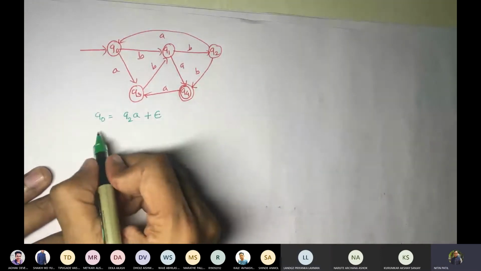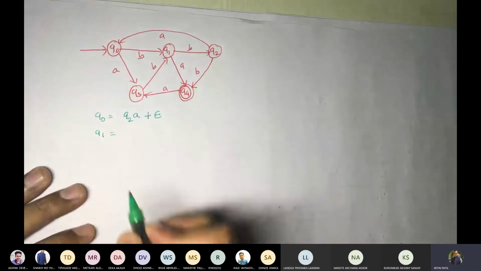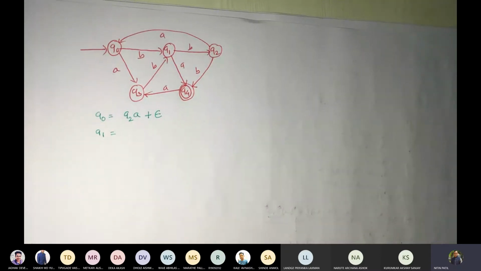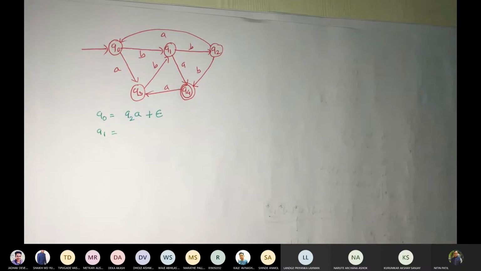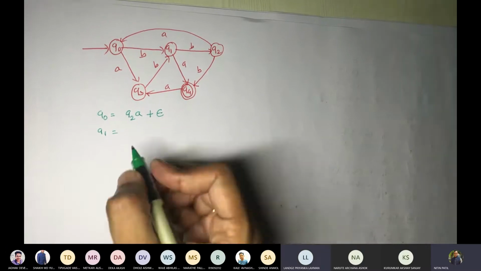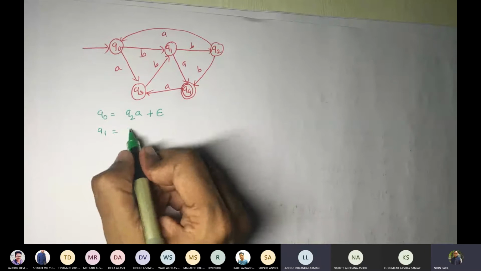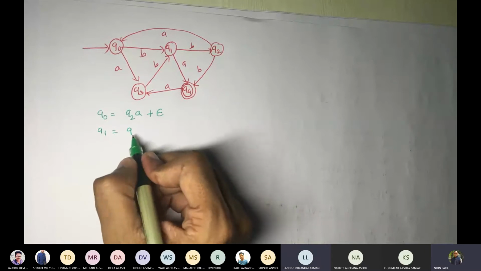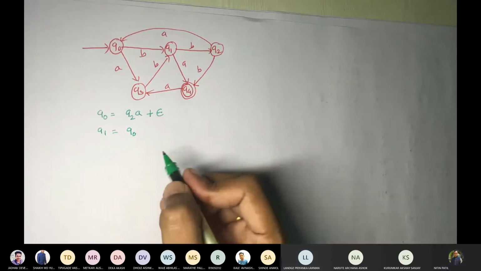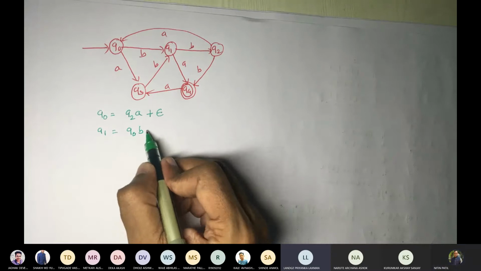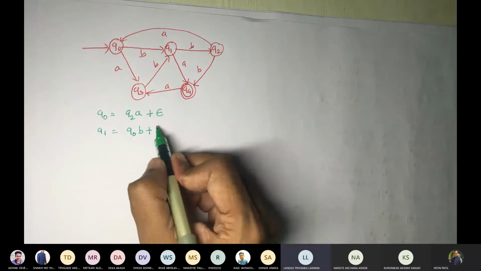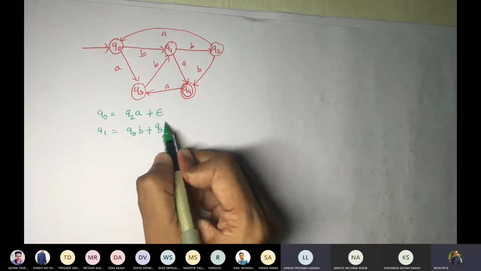Fine. Now, let us write the Q1 equation. How many incoming transitions are there for Q1? 2. From which states? Q0 and Q3. Okay. What is the input from Q0? Q0B plus Q3B. Very good.